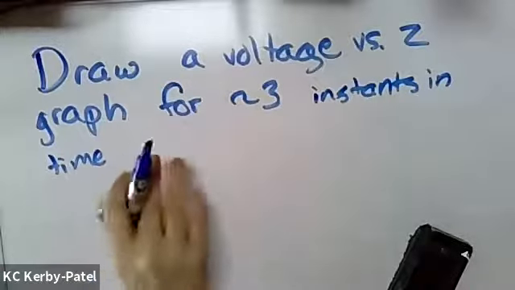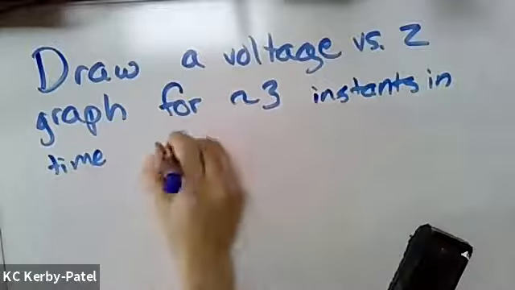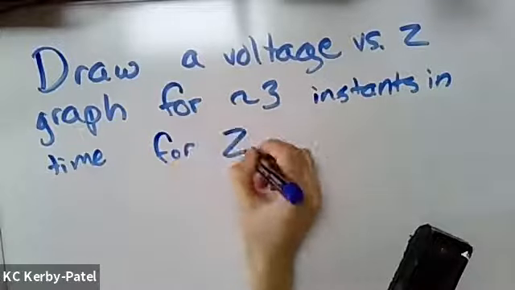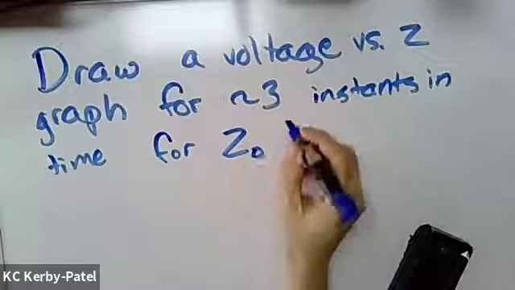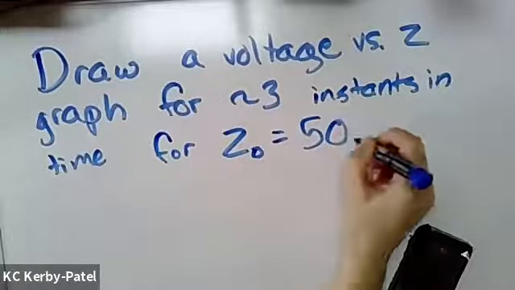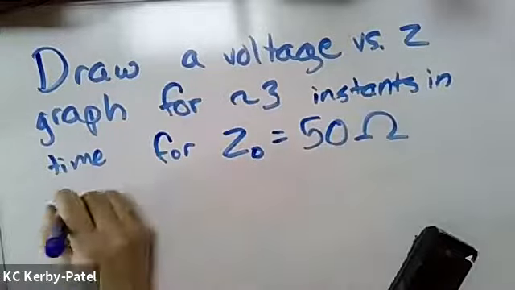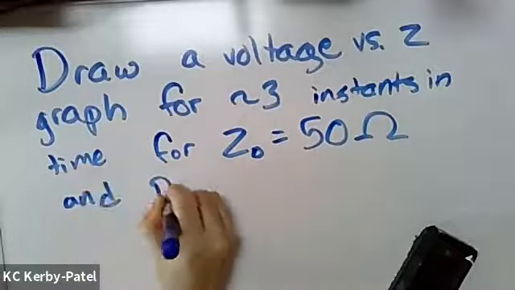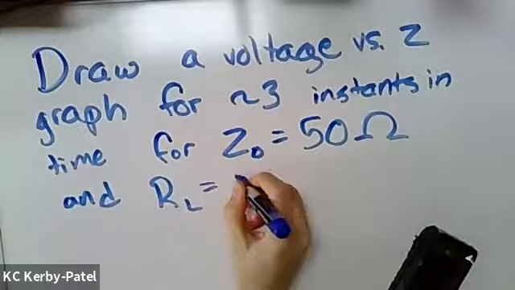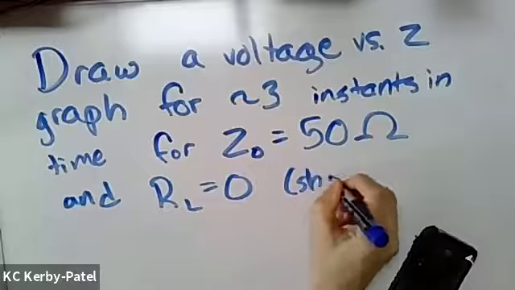So at least one before and one after reflection, for a characteristic impedance of 50 ohms and a load impedance equals 0, short circuit.